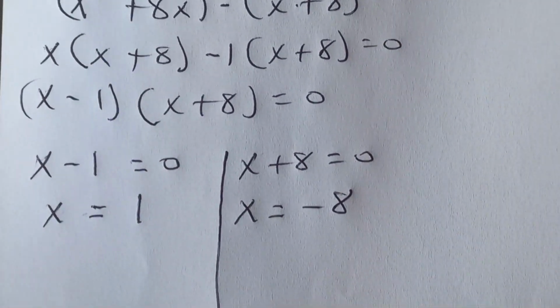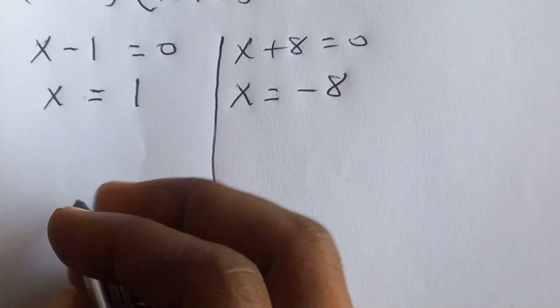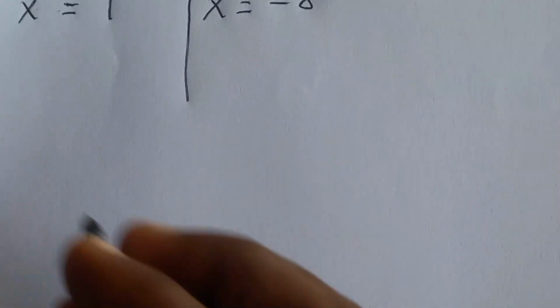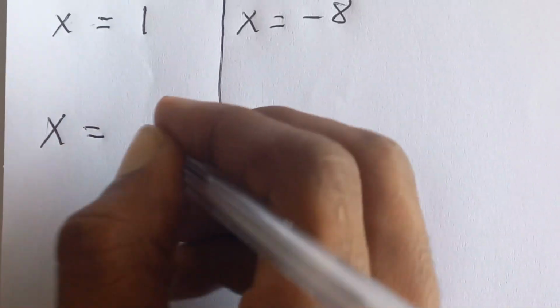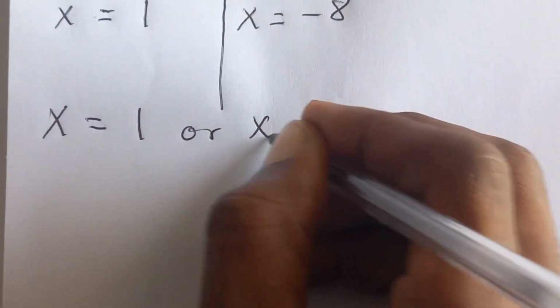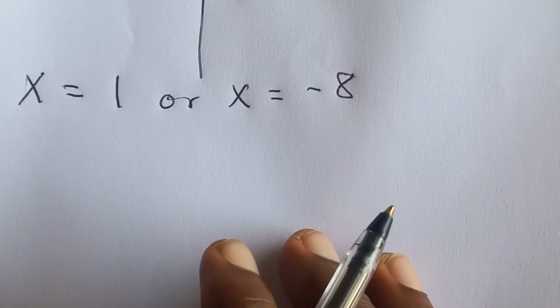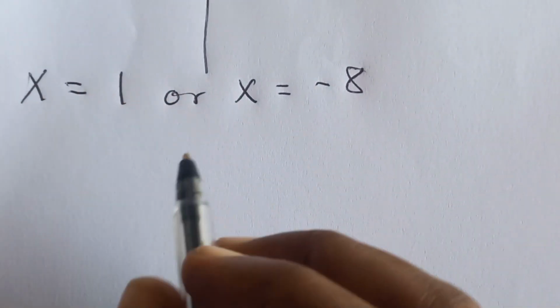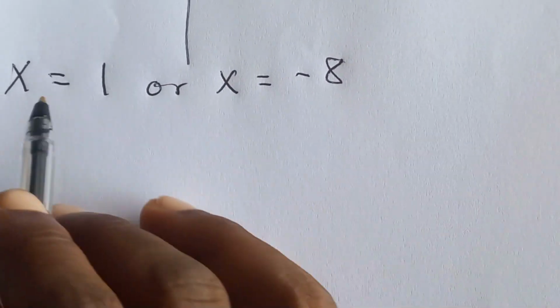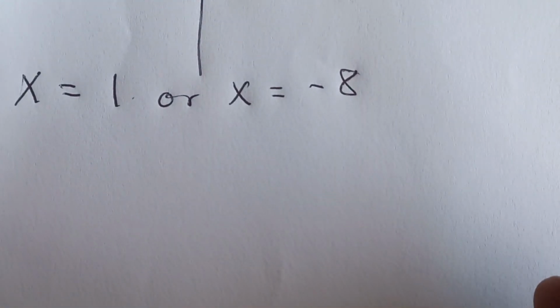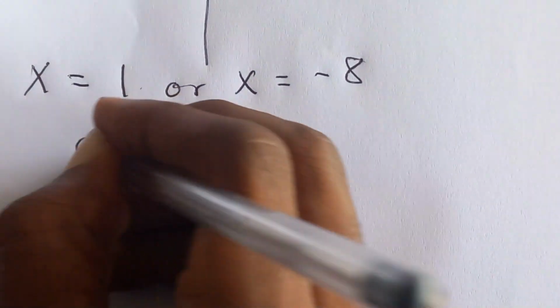So now we can say that our solution for the system is x is equal to 1 or x is equal to negative 8. Okay. Now let's check to see where the real solution lies between x is equal to 1 or x is equal to negative 8. Okay, so we will check.